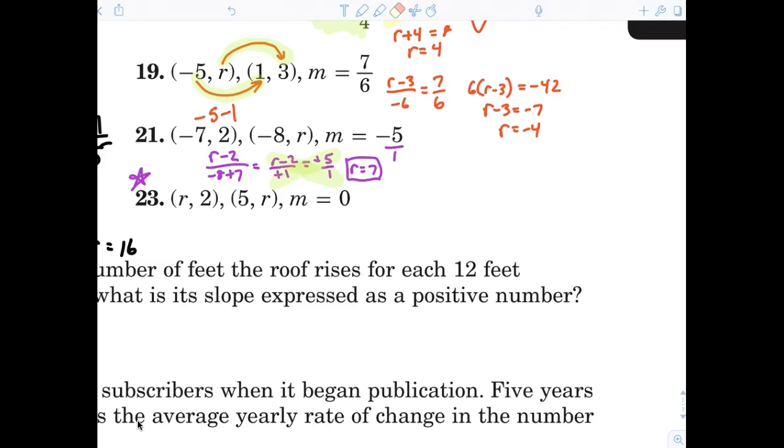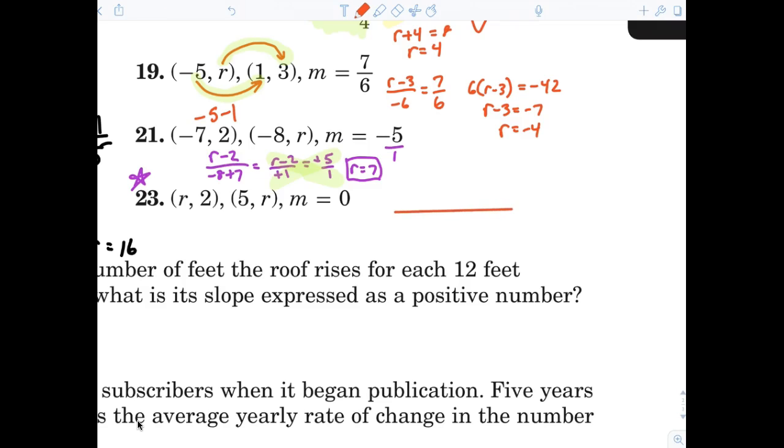All right, now I want to take a look closely at 23. All right. Now, if your slope is 0, that means you have a horizontal line, correct?